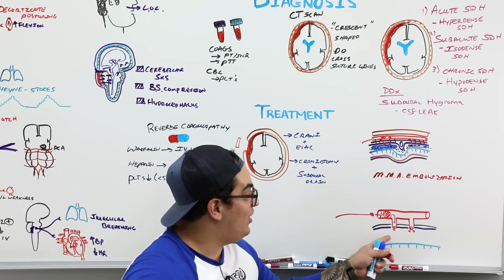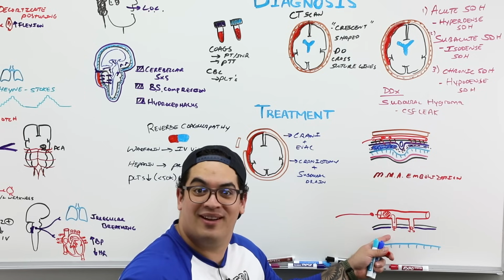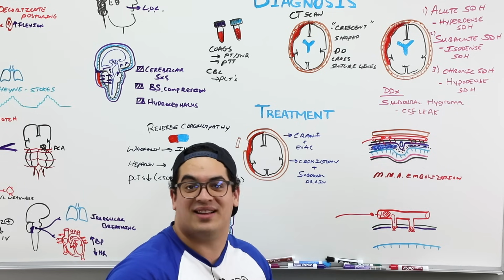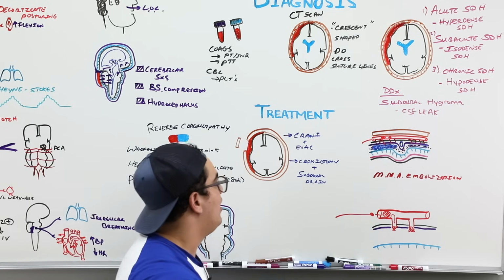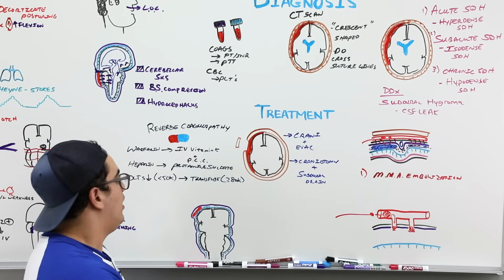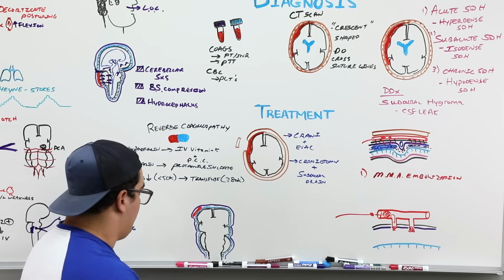No. So can I continue to cause the expansion of the subdural hematoma? No. So this process stops, and it stops the expansion of that subdural hematoma, which is very, very cool. So MMA embolization is becoming a very, very good therapy as well, especially for chronic subdural hematomas.